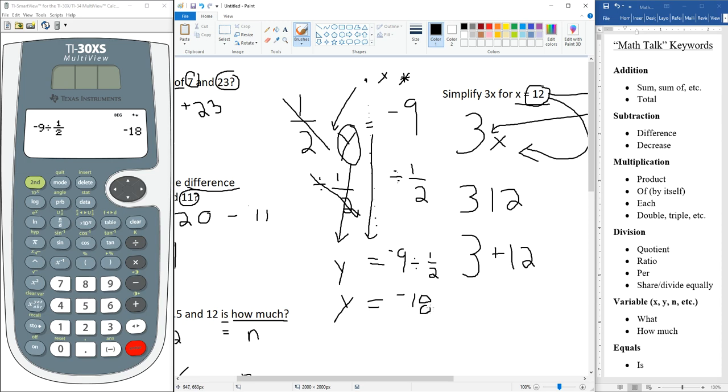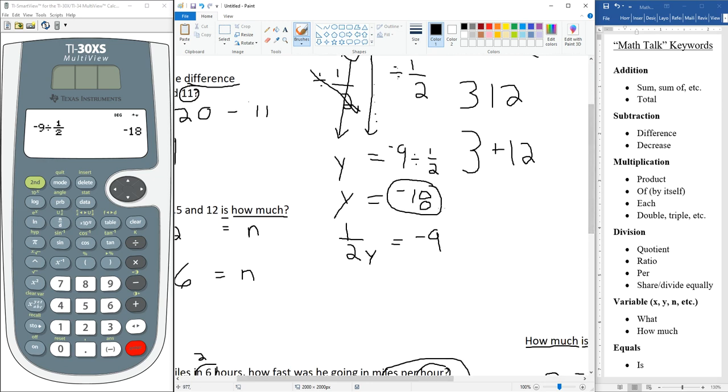Great. Now let's take a look at our original problem. Our original problem was 1/2 y equals negative 9. Now if we want to check this, we're going to have to plug in our y value. Our negative 18 is going to have to get plugged in for y, and we need to put it in parentheses.